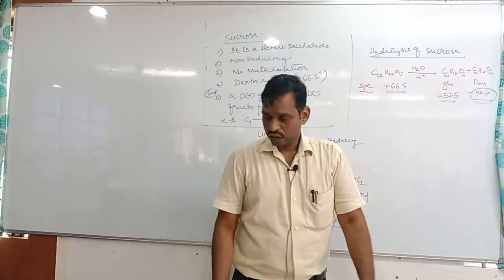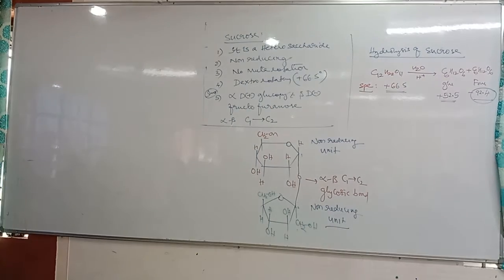Hydrolysis of sucrose is called inversion of cane sugar because sucrose undergoes hydrolysis to give dextrorotatory glucose and levorotatory fructose.